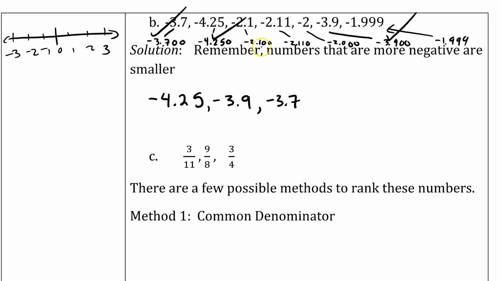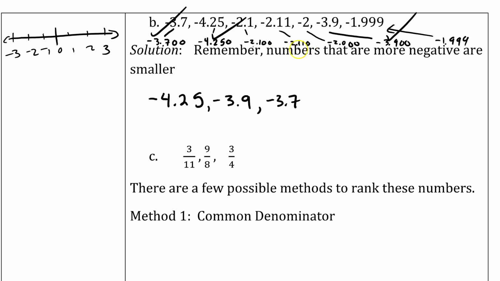This is where it gets a little tricky. I'm seeing -2.100 and -2.110. I know that both of those numbers are smaller than 2, so either this one or this one comes first. If I'm thinking about it in terms of the positive scale, 110 is bigger than 100, so -110 is going to be smaller than -100.